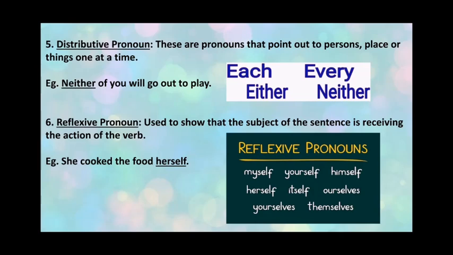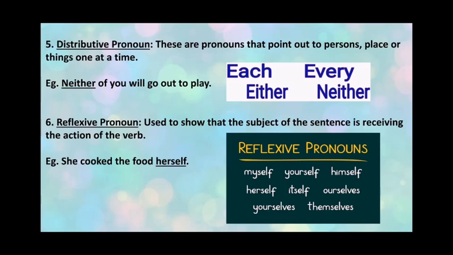Sixth one is the reflexive pronoun. It is used to show that the subject of the sentence is receiving the action of the verb. Words like myself, yourself, himself, herself, itself, ourselves, yourselves, and themselves are some of the reflexive pronouns.